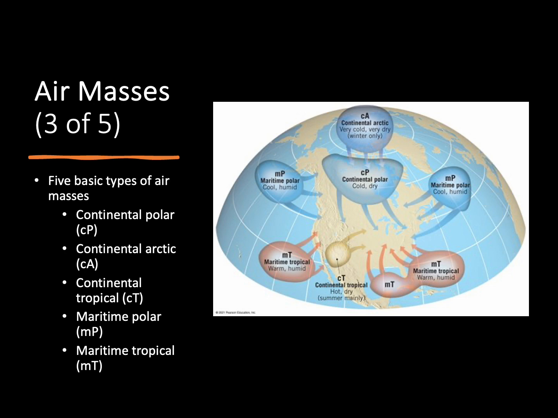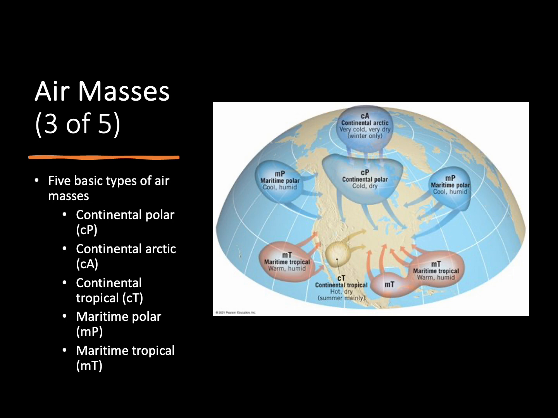Again, continental, it's going to be dry, but with Arctic, it's coming from the Arctic, our North Pole. It's going to be even colder than that continental polar. But then we're also going to have our continental tropical down here in like Arizona. It's still continental. It's going to be very dry air, but because it's tropical, it's going to be very hot.